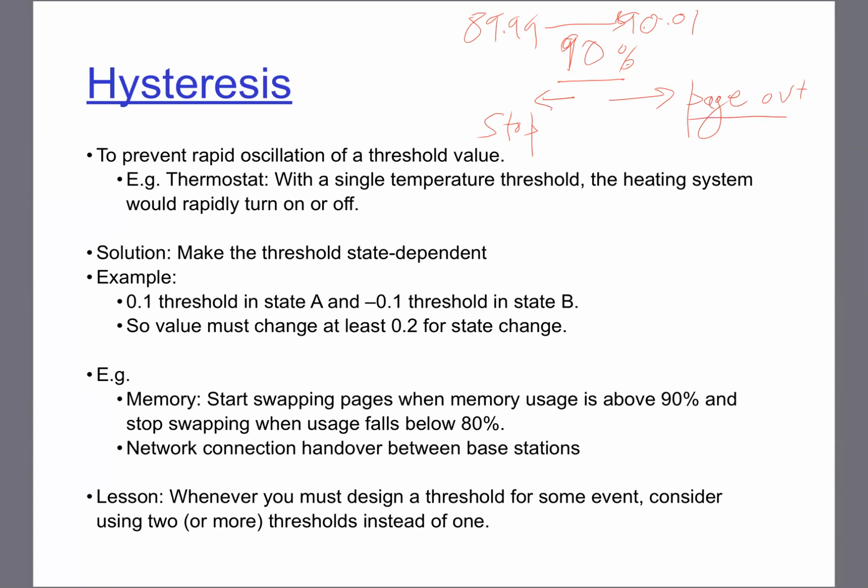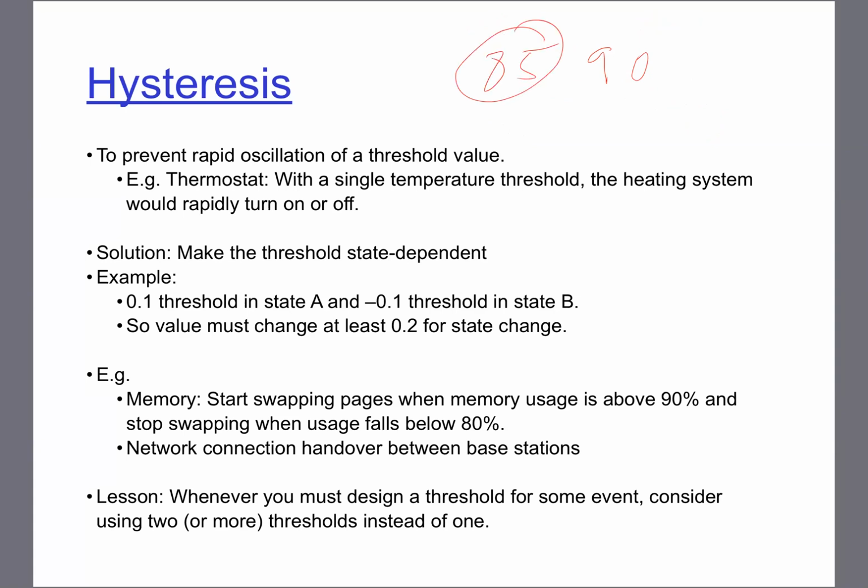So you will see rapid oscillation in performance, because whenever you're swapping things out, it slows down other activity. Instead, you might have two threshold values. If my target is 90, I might say 85 and 95 or something like that.